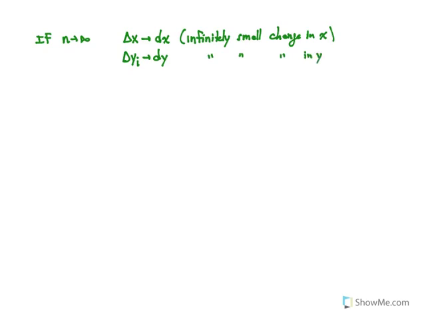So we're going to have here that the length is going to be equal to the limit as n goes to infinity of this sum that we came up with before.